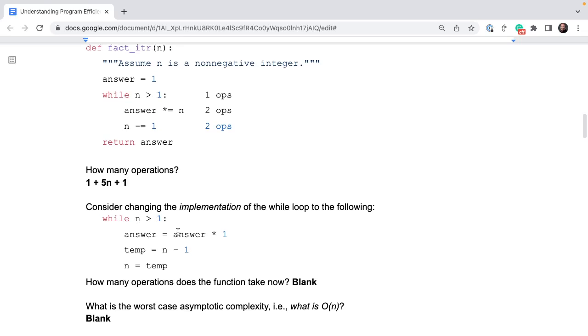And by the way, just to make sure you're following this, consider if we change the implementation to this right here where we're using a temporary variable. How many operations would this function take if we used this implementation where we added this extra variable? Take a moment and think about that.